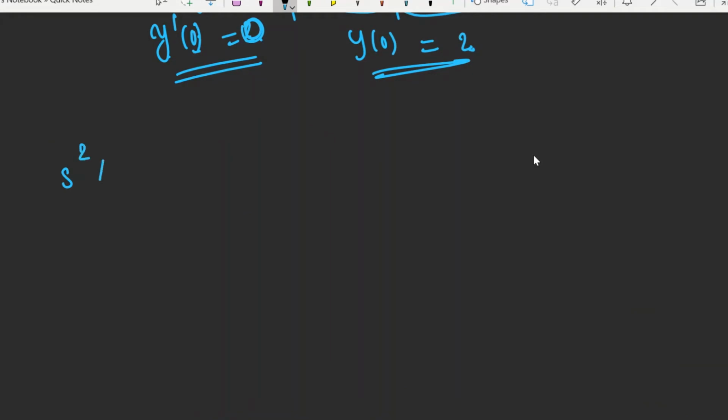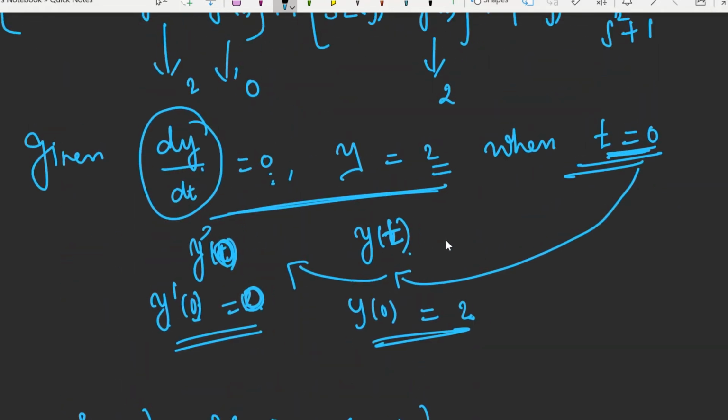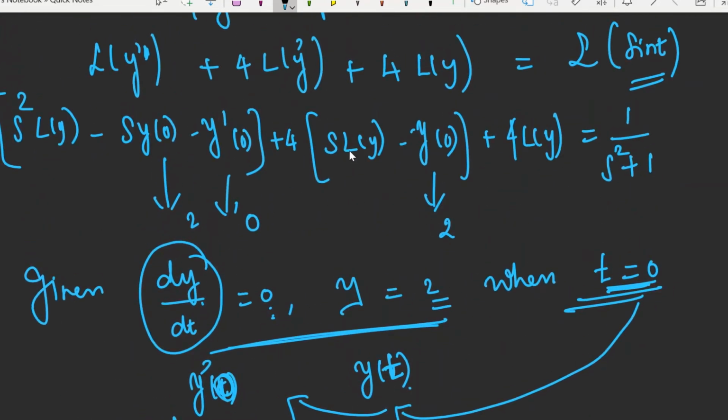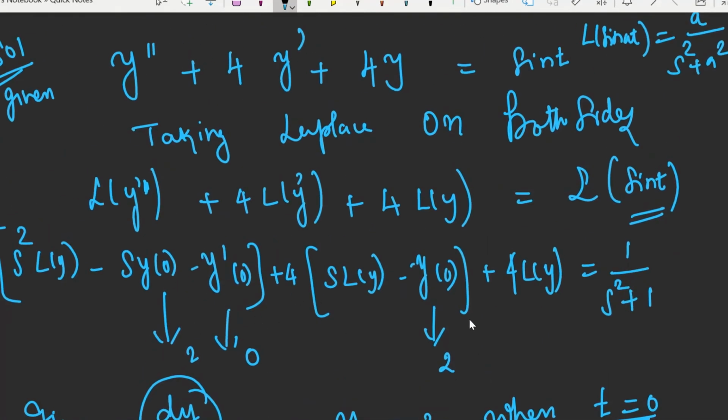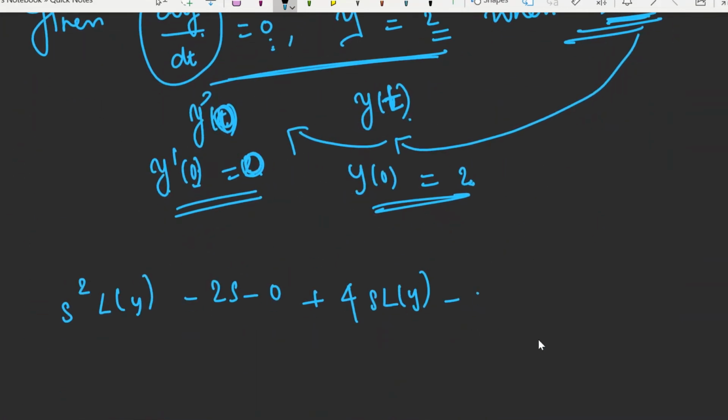So s square L of y minus 2 times s, next one is 0, plus 4s L of y minus, here I am substituting for y of 0 which is 2, so 4 into minus 2, minus 8, plus 4 L of y equals 1 by s square plus 1.